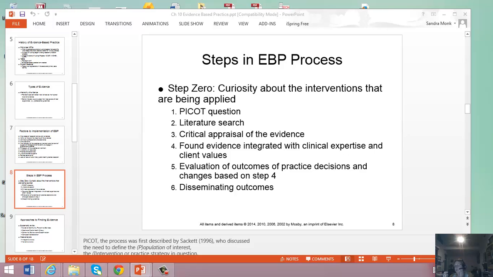I mean, if you come up with a solution and it's something that would not be agreeable to the population that you serve, then that is not going to be usable. You're not going to be able to utilize that evidence-based practice that you have designed and discovered. And then the evaluation of the outcomes of the practice decisions and changes based on step 4. And then you want to disseminate the outcomes there.